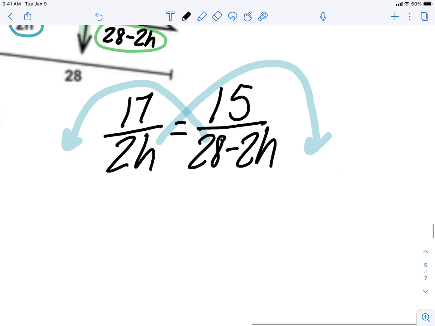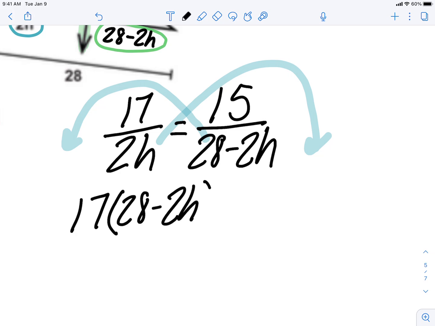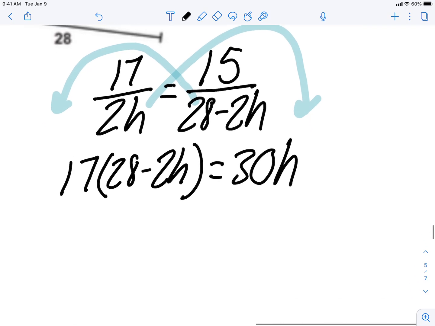So let us write this one out here. 17 times 28 minus 2h is equal to 2h times 15 is 30h. Just like that. So I have to distribute 17. So 17 times 28, let me see, is 476.